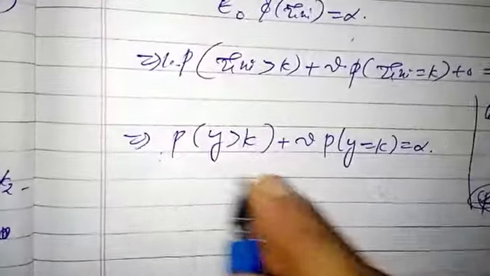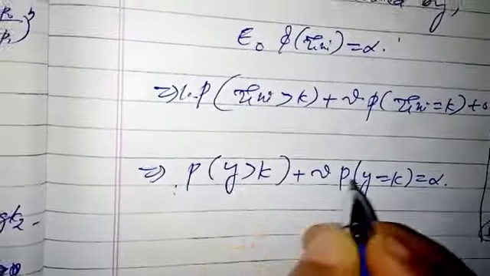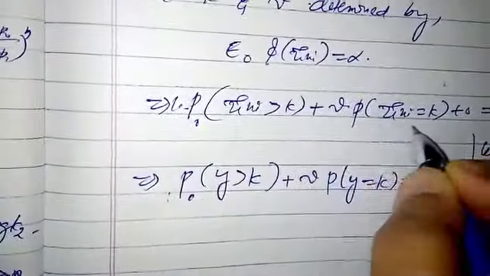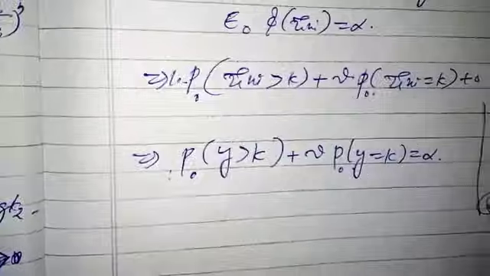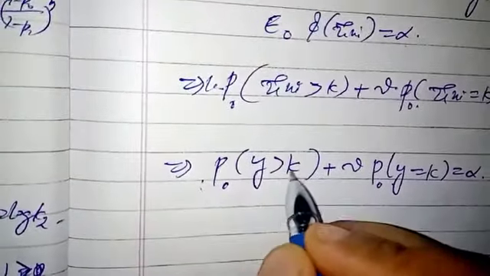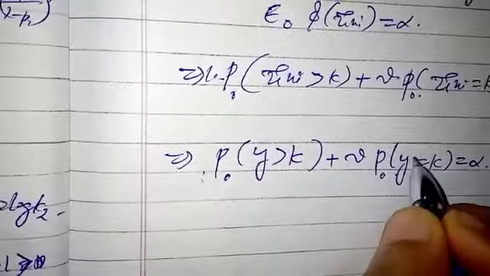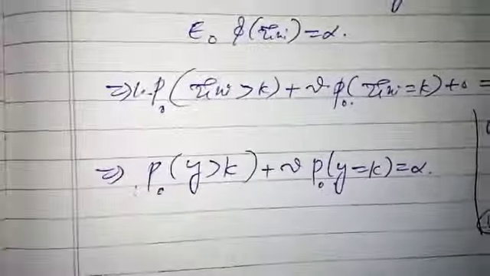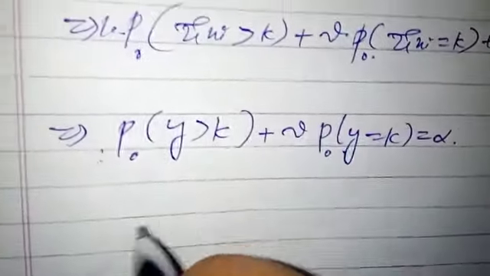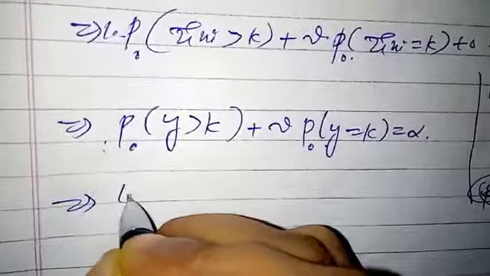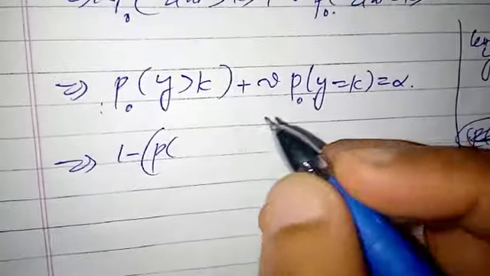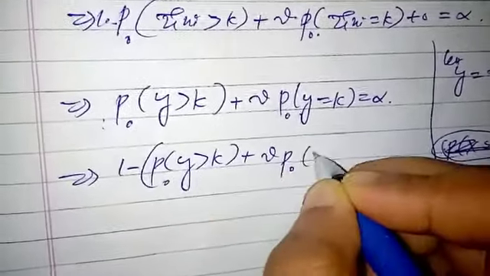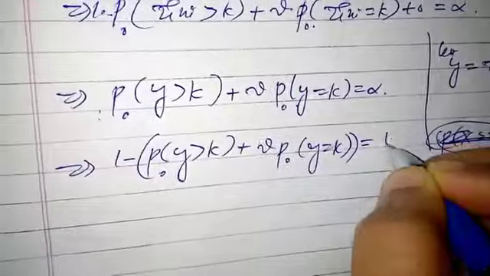We want to make this term a cumulative density function, that is, probability of y greater than k plus gamma p naught y equal to k equal to alpha, right? So we make that term a cumulative density function term, that is 1 minus probability of y greater than k plus gamma probability of y equal to k equal to 1 minus alpha.